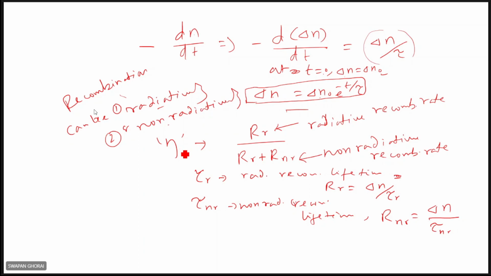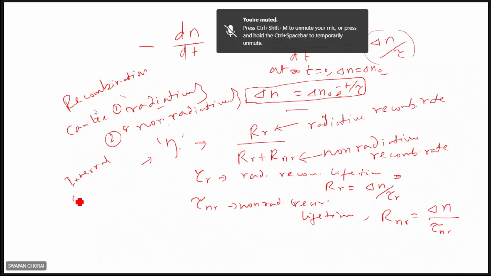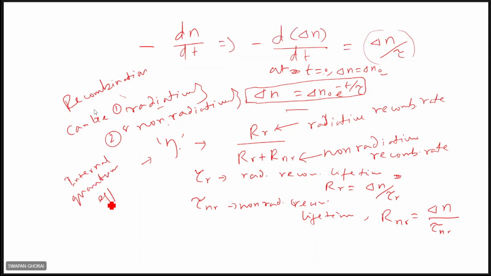The internal quantum efficiency, eta, is related to the fraction of electron hole pairs that recombine radiatively.